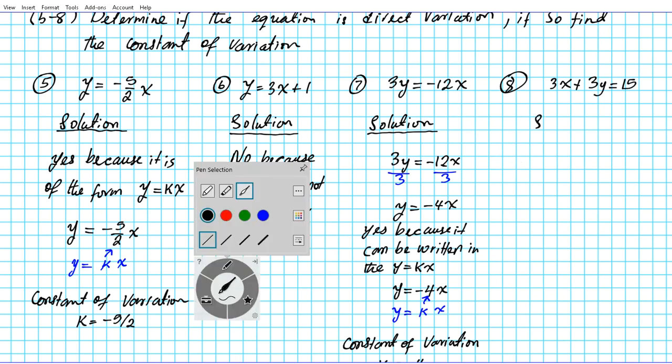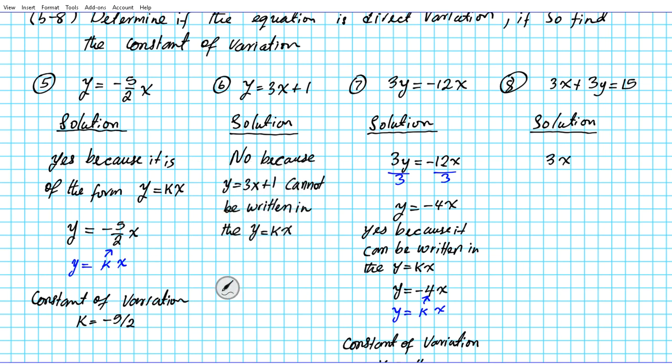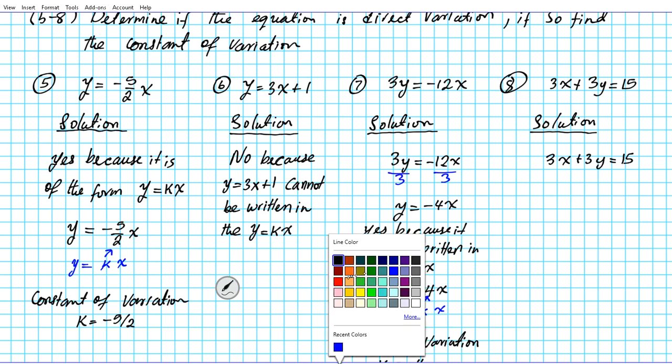Let's determine if this is a direct variation or not. The goal here is, can we write this in y equals kx form? So we're going to get y isolated and see if we have kx on the right side. To achieve that, we are going to start by solving this equation for y.